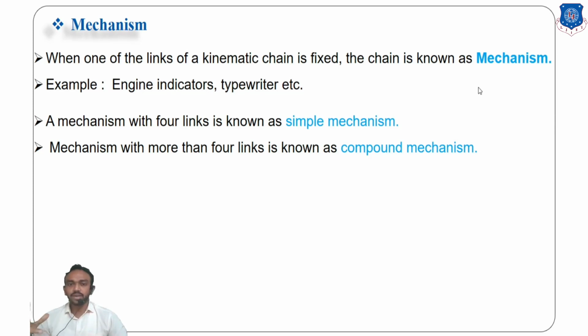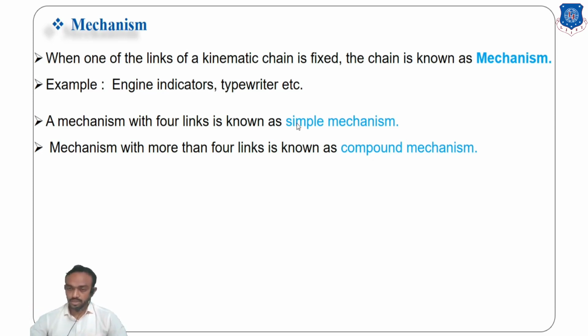In any kinematic chain, if we fix any one link, it becomes a mechanism. As an example, you can see an engine indicator and a typewriter.